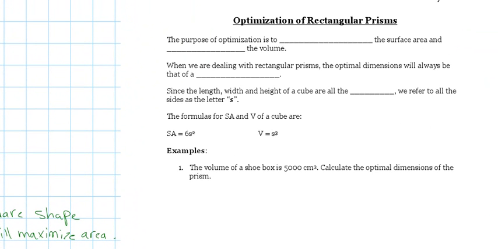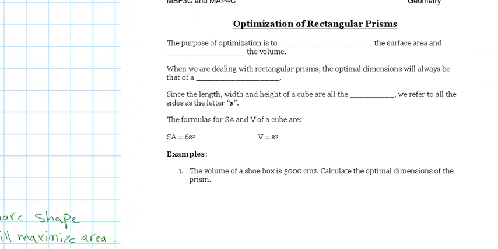So the purpose of optimizing 3D is to minimize the surface area in this case, and maximize the volume. Why do I want to minimize the surface area? Use less material, that's right.